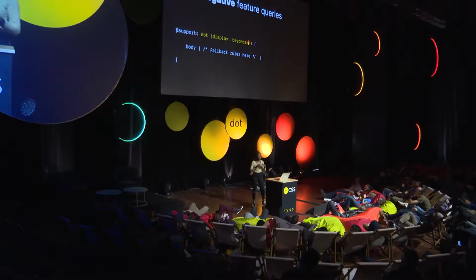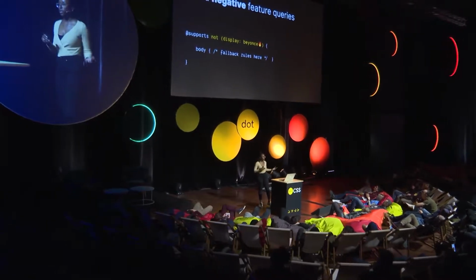The main reason for focusing on positive rather than negative is that if the browser doesn't support feature queries, it's probably more likely that it will not support whatever feature you're trying to query on. So it's way more likely that you're going to have that scenario, and you'll probably still have the outcome that you wanted.